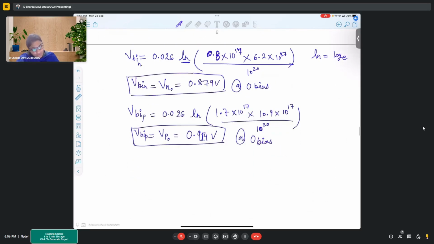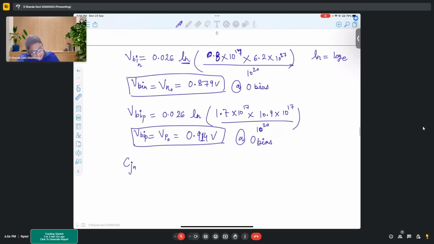So now from here we can find CJN naught and CJP naught, the junction capacitance for N and P at zero bias, which is the square root of epsilon silicon NA ND by twice of NA plus ND into Vn naught.